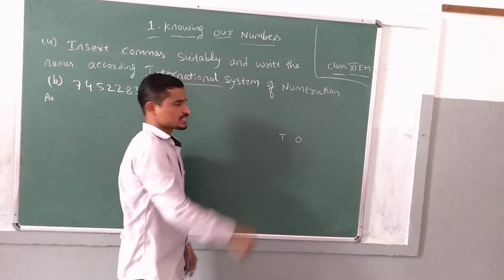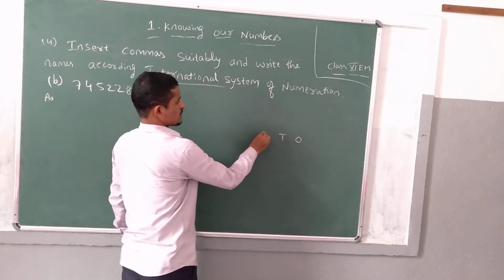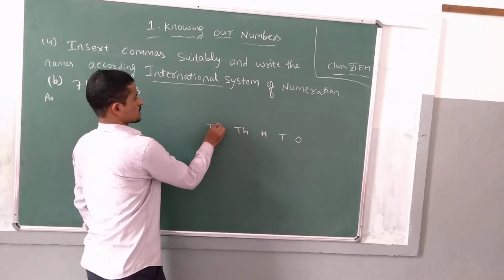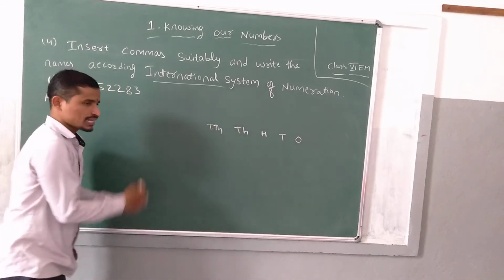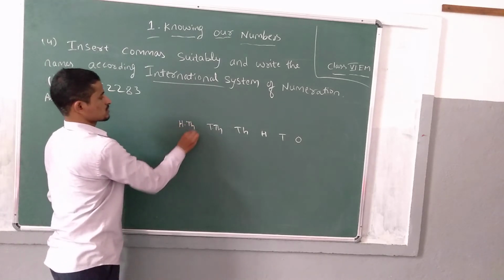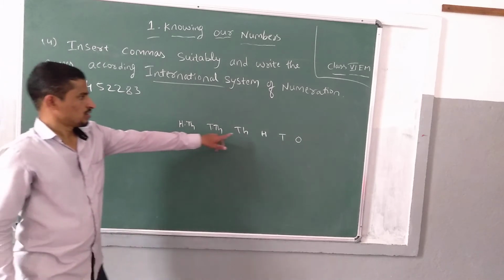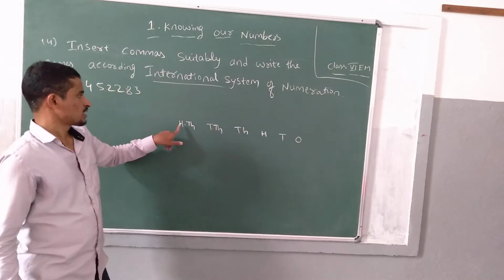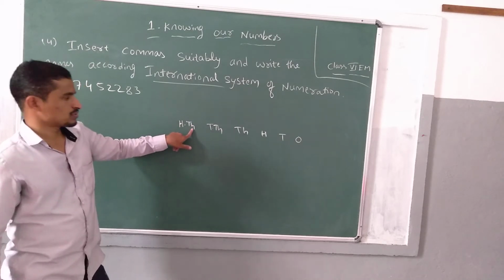According to the international system: ones, tens, 100, 1000, 10,000. When it comes to lakh, we have to consider it as 100,000.